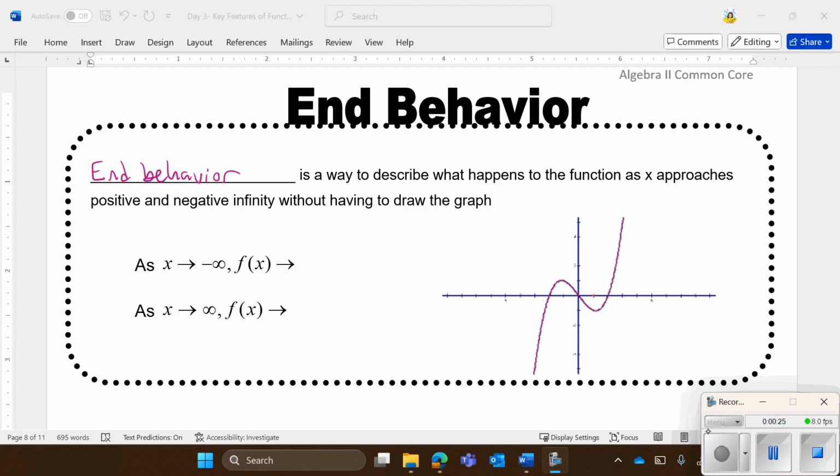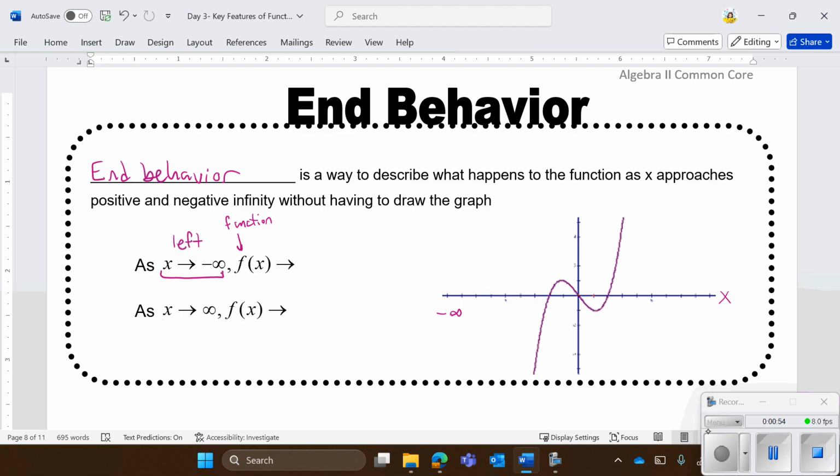As x goes to negative infinity, x values go left to right, and negative x values are on the left. So when it says as x goes to negative infinity, it's saying what's happening on the left side of the graph. And on the left side of the graph, the function is doing what?